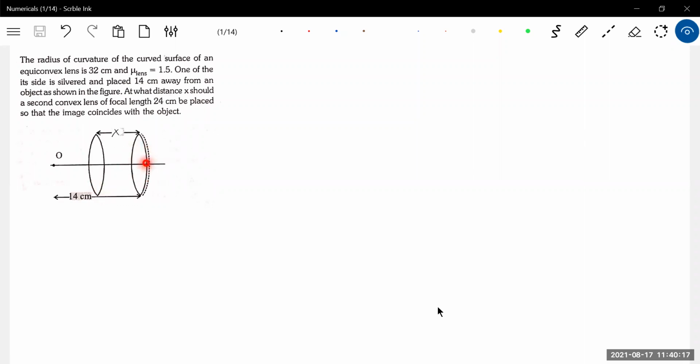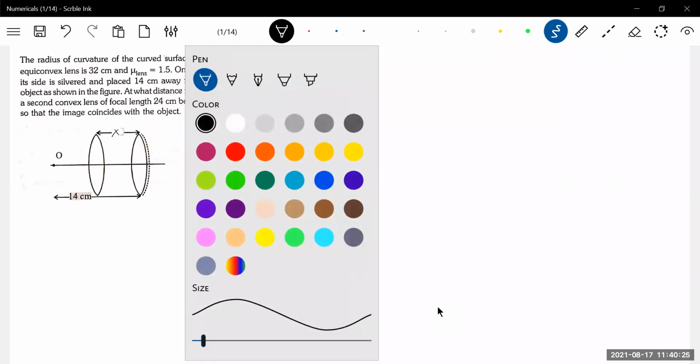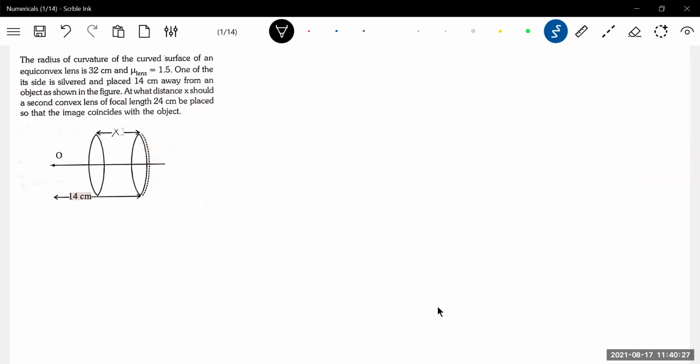How will this silvered lens behave? So we have two lenses. We'll call this lens 1 and lens 2. Lens 2 is silvered. How will a silvered lens behave? It will behave like a mirror, so we can replace this with a concave mirror.